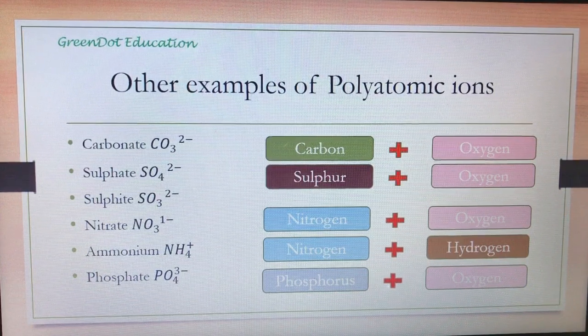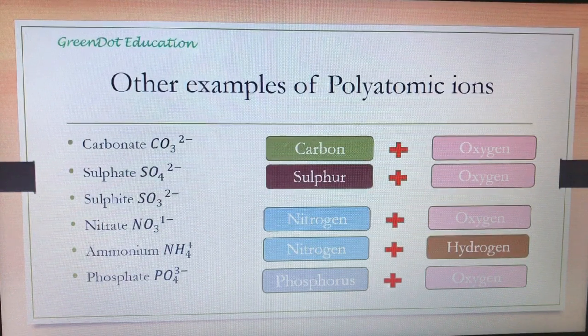Now these polyatomic ions are important for writing chemical compounds, right? So memorize these polyatomic ions along with their composition, their valency and their charge, so that they will be very helpful in writing chemical formulas while writing chemical reactions.